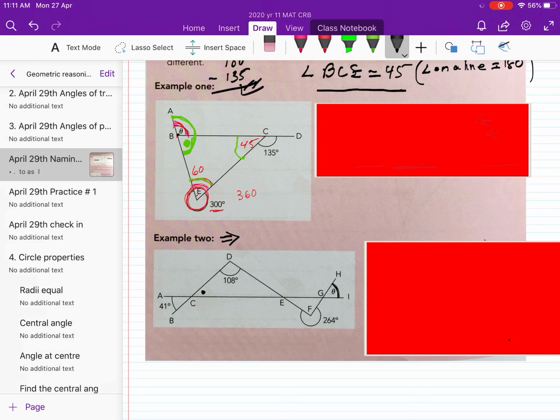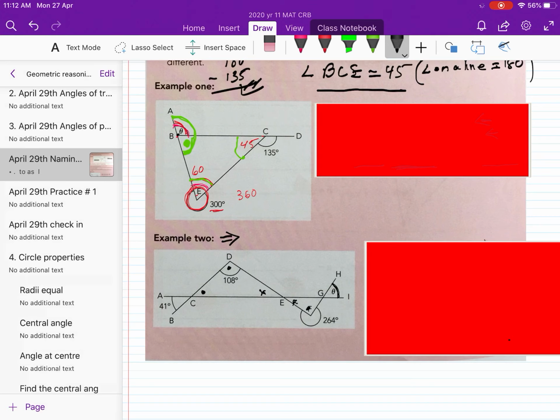So I could find this angle here because I know vertically opposite angles are equal. I know that this is 108, so then I could find this one here. And then I could do vertically opposite angles again. And then I could probably find this angle here because angles around a point add to 360.